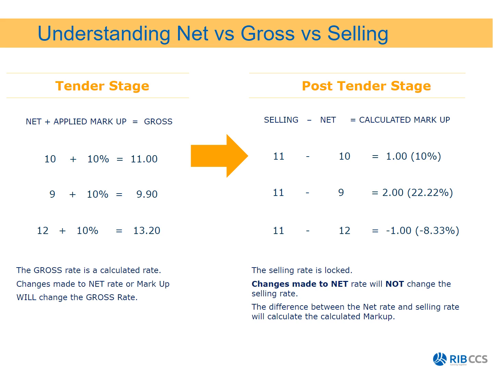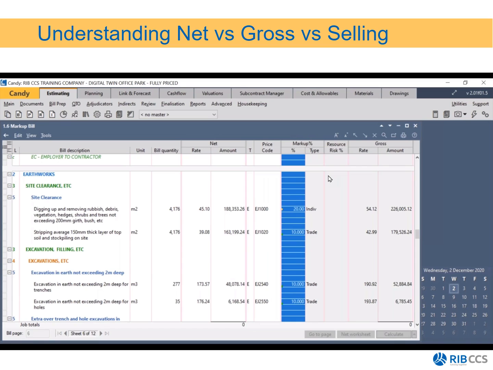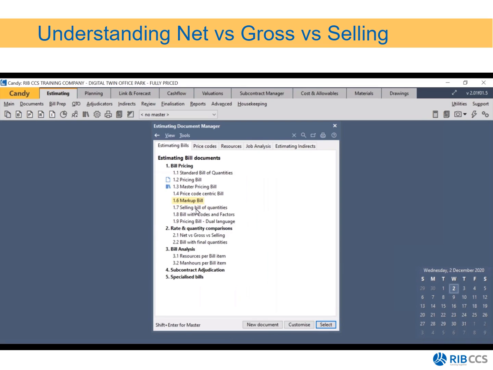Before we do that, let's go and set our selling rates in place. So we can close this and click on Document Manager, and there we have our selling bill of quantities, document number 1.7. So you'll notice that we have the gross rate, it's been grayed out.